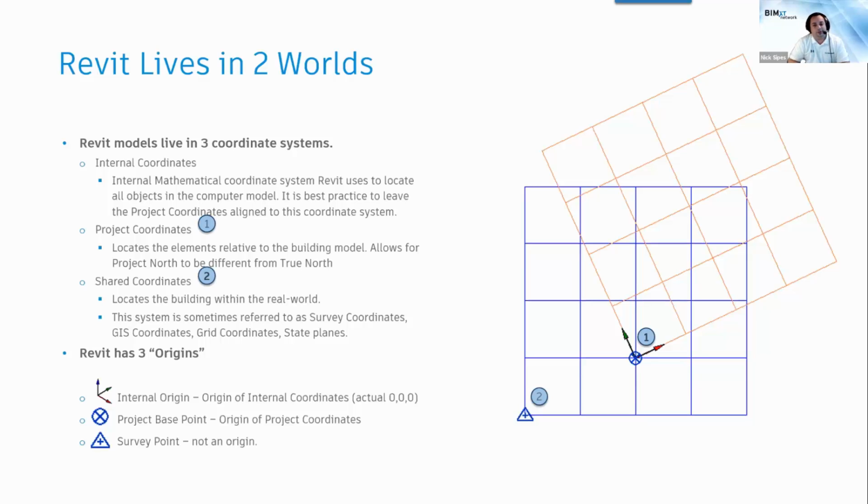And that's how it really works. So that's the way this is set up to show: the orange is the project coordinates, the blue is the shared coordinates. And I always say leave the project base point and the internal origin at the same point, and make it a point that's easily identifiable on your building.